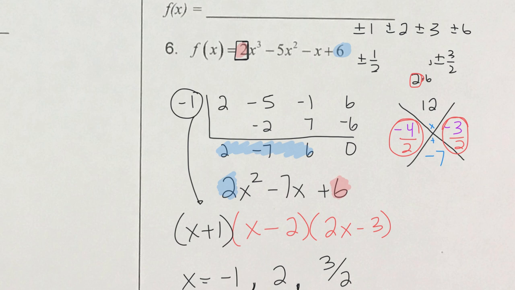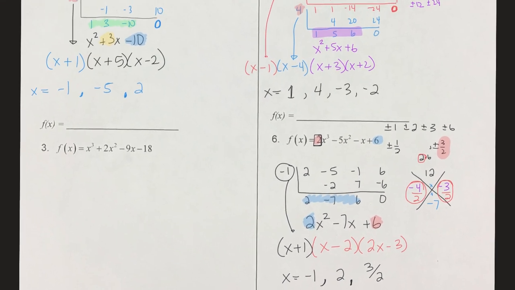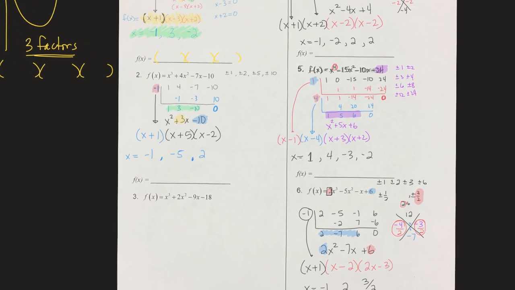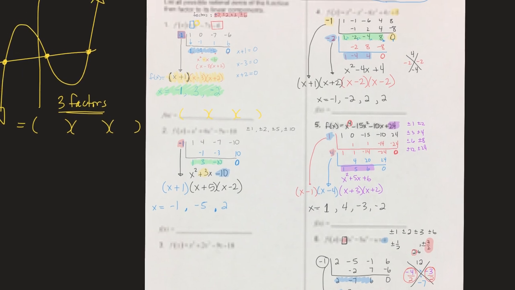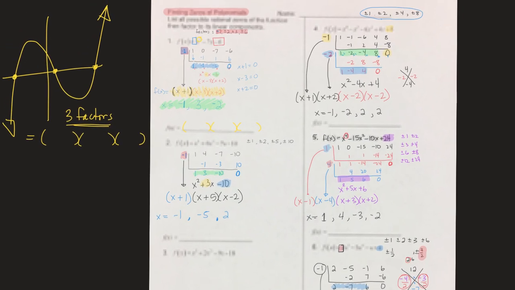We had a potential up here of having 3/2 as an answer, and it turned out that that was one of our answers. Okay, so synthetic division. We use synthetic division in order to simplify your polynomial into a quadratic that you therefore factor, and then you can set all of your factors equal to 0 to solve. Okay, and we're done.